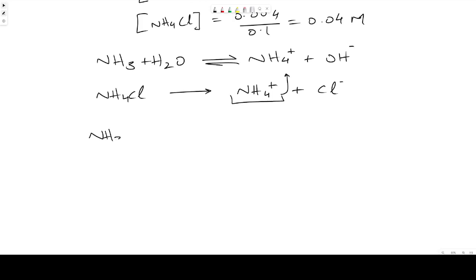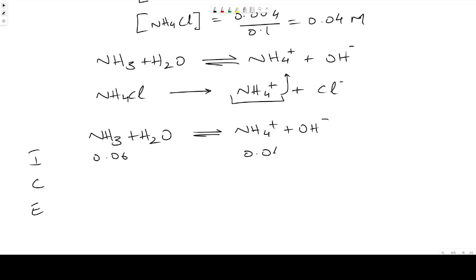So rewrite that again. It's going to be NH4+ and OH-, and my ICE table. My initial here is 0.06. We're going to ignore water, and the initial for the ammonium ion is 0.04. This concentration is after the addition of my ammonium chloride.